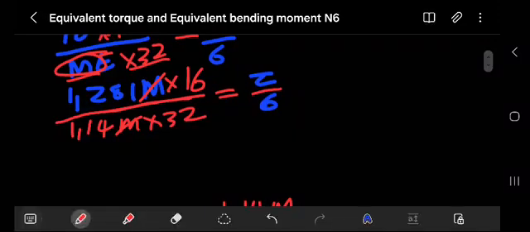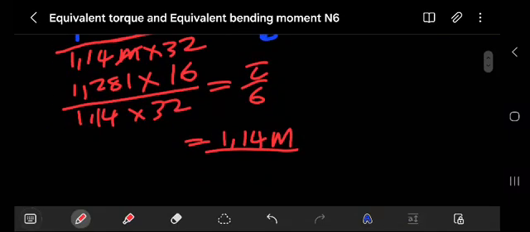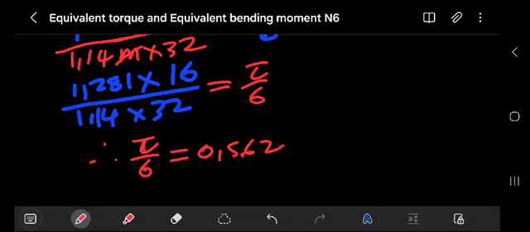So we'll simply have 1,281 multiplied by 16 divided by 1,14 times 32 is equal to this. So it's clear these are just values. Punching this in nicely, therefore we find this will be 0,562.